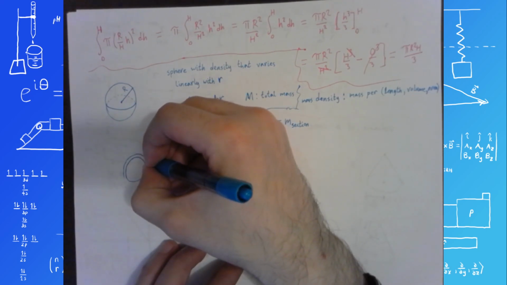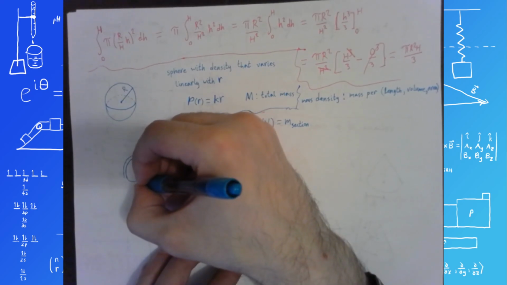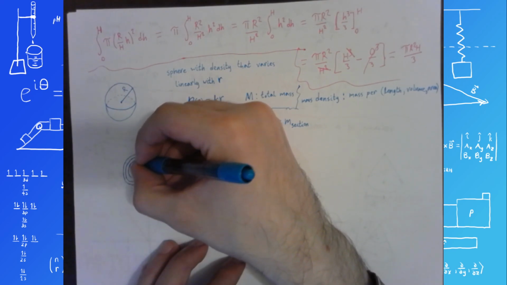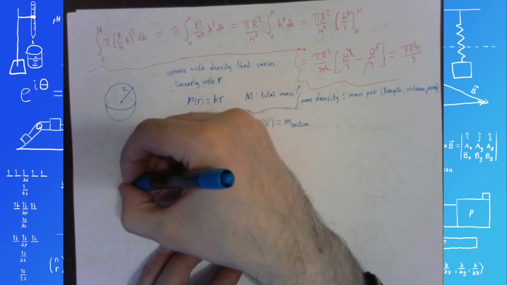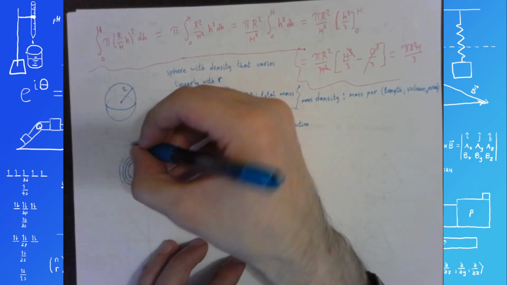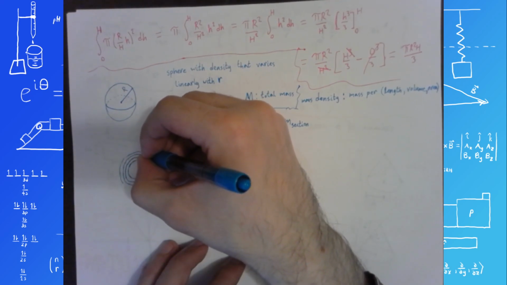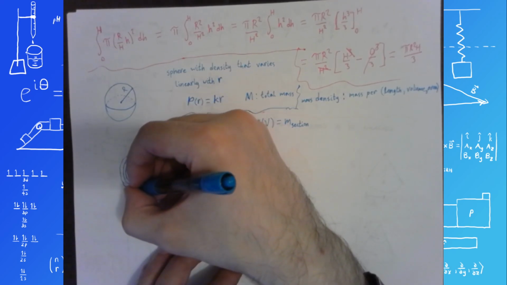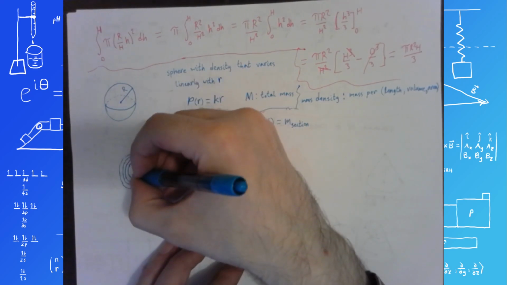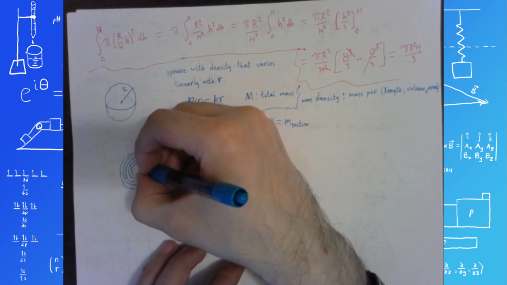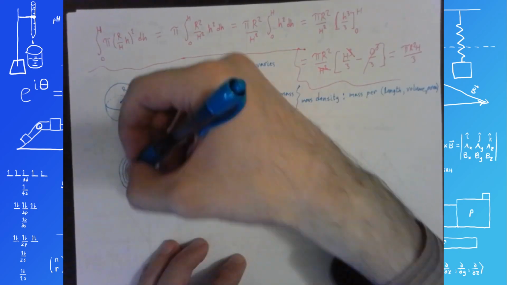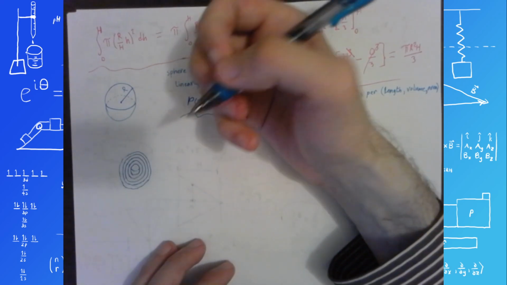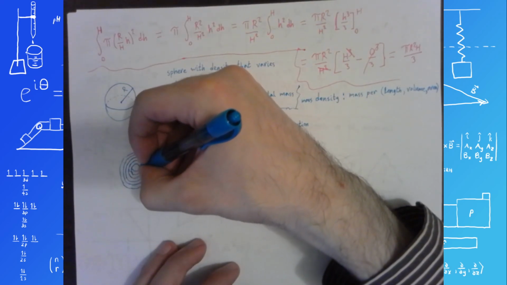So let's see. If I were to take this sphere and cut it up into a bunch of nested shells, I'm not sure how I'm going to make this look 3D. Maybe we'll just have to settle for looking at a cross section. How am I going to make this feel 3D?